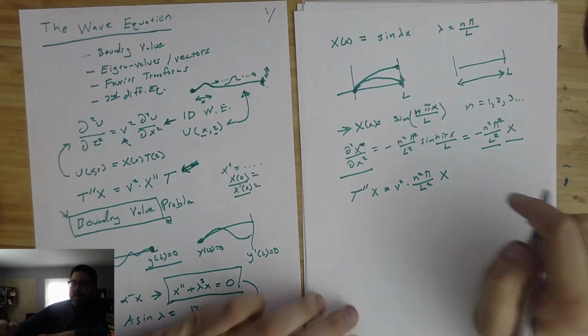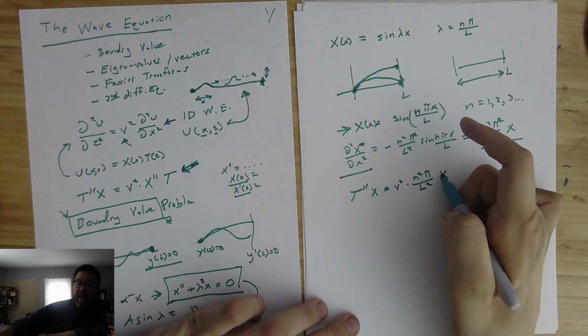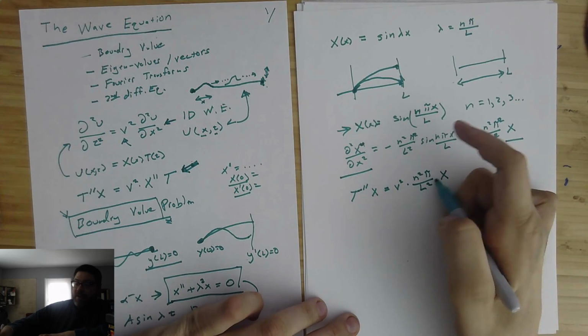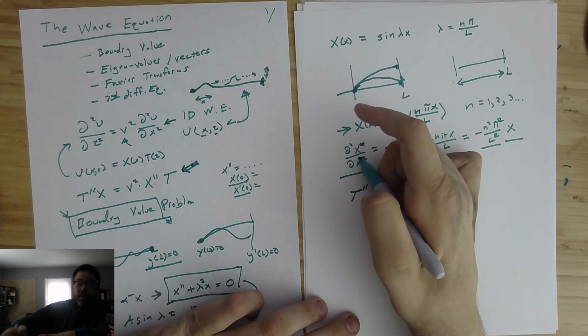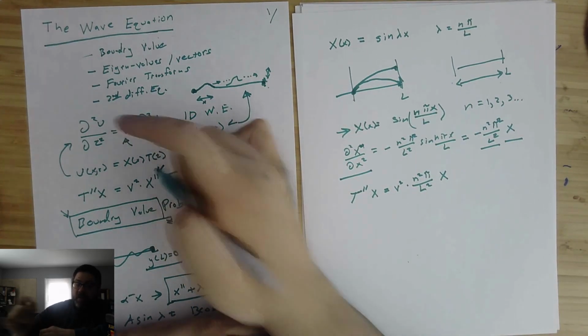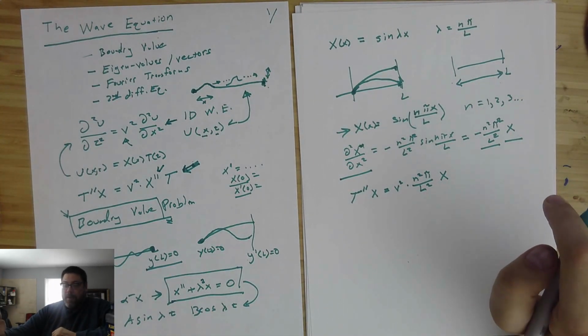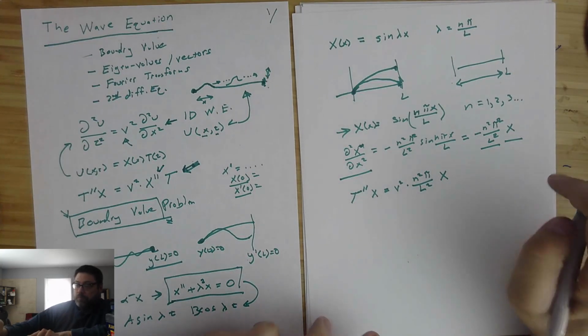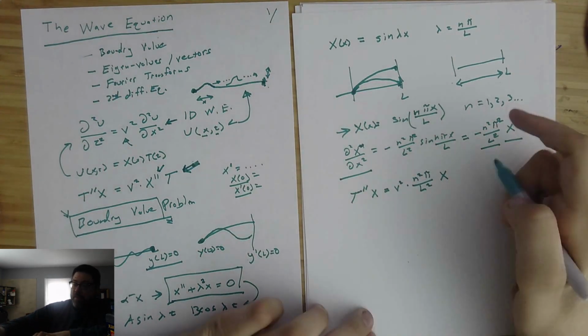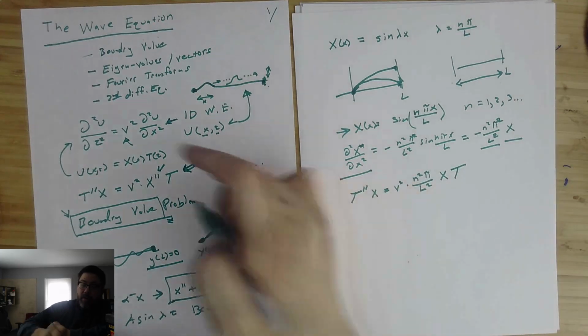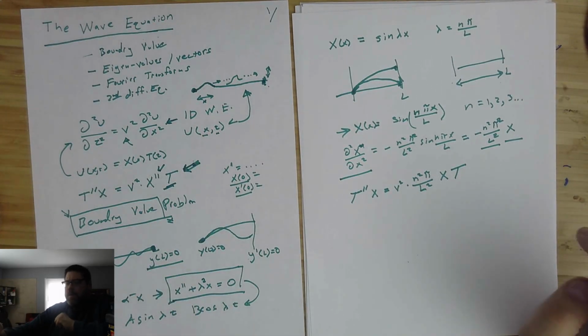So X is just X, and the second partial derivative of X with respect to space is what we did here. So I just plugged this in for what we did. And of course, I can't forget the T, right? That's this T here.